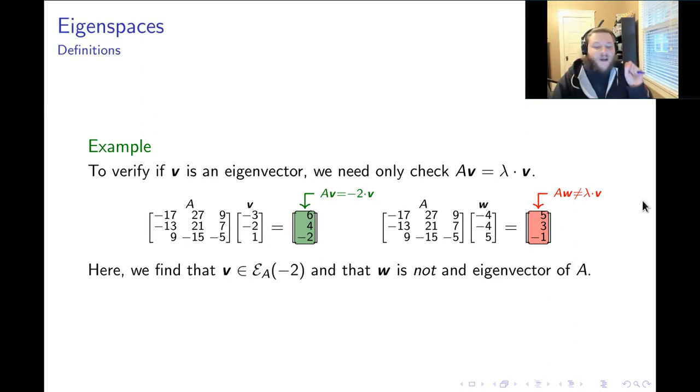These two equations are telling us, on one hand, that this vector v is an eigenvector of A, and the associated eigenvalue is -2. The way to communicate that mathematically is to say that v is in the eigenspace of A, where the eigenvalue is -2. And of course, w here is not an eigenvector of A.